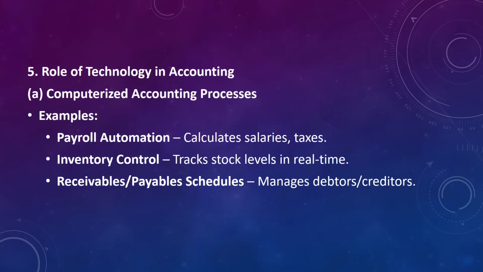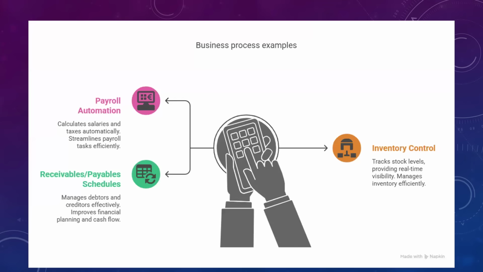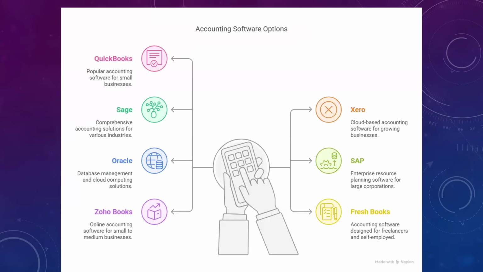It could calculate the salaries, for example, automatically, and deduct the taxes automatically. It can help you keep track of your inventory. It can help you better manage the people that owe you money or the people you owe money to.